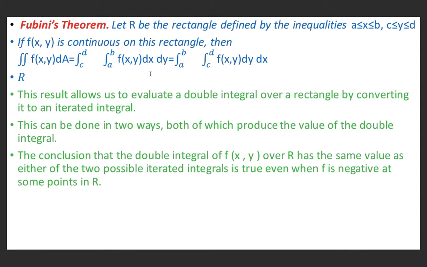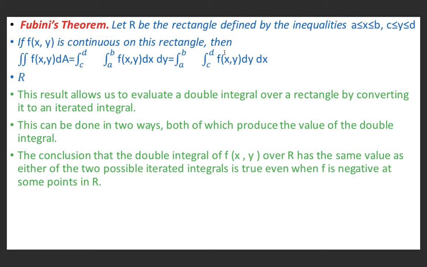This portion denotes the partial definite integral with respect to x, and it is evaluated by holding y fixed and integrating with respect to x. So it is a function of y.